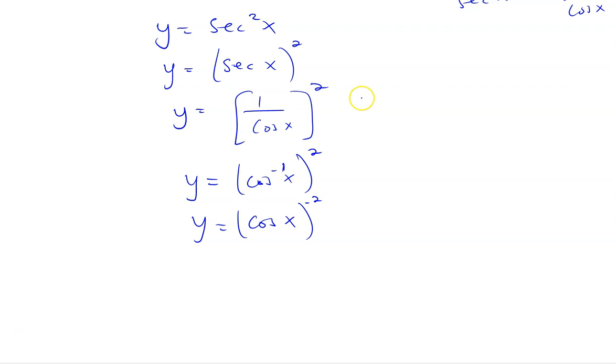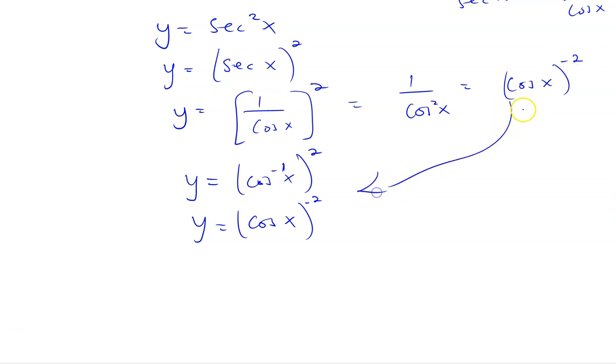Or better still, you are going to get the same thing: you have 1 on what? Cos squared x. You can see that it's 1 squared over cos squared x. It's the same thing. And I'll move on to say that it's the same as what? Cos x with exponent minus 2. So you see I've arrived at the same place.